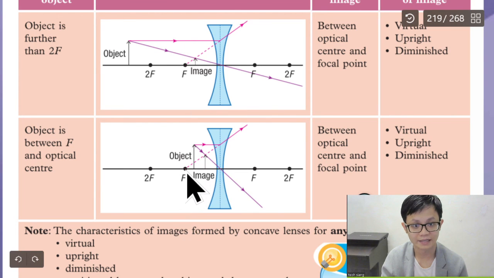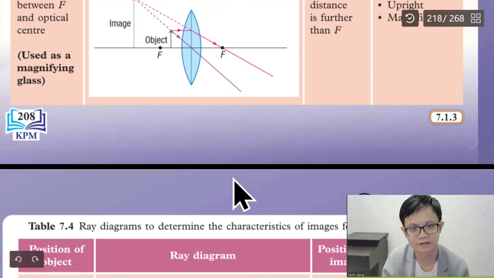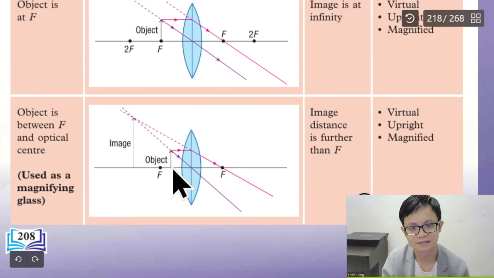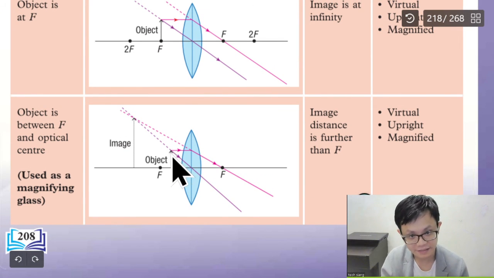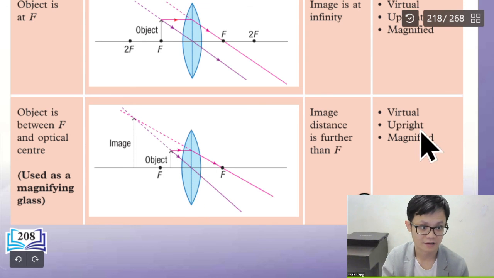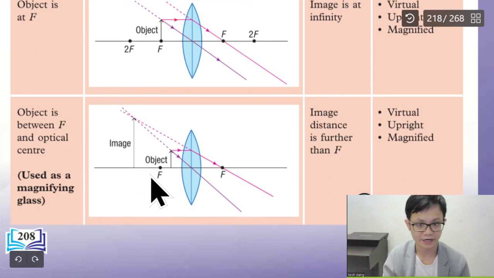The object is between the lens and the focal point. Not this one, this is the concave lens; the convex lens is like this. You can see I drew correctly: step 1, step 2, step 3, step 4, draw the image. Dotted line means virtual, the arrow goes up means upright, and the arrow is bigger than the object arrow, so it's magnified.